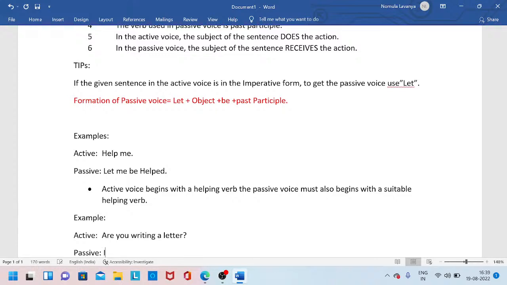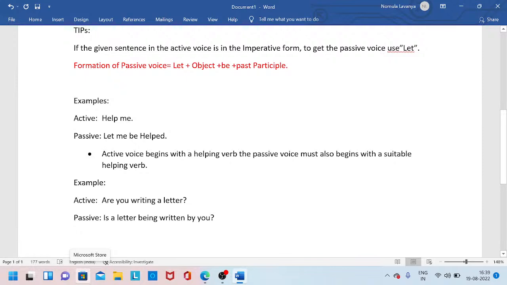Is a letter being written by you? This is how we use it.